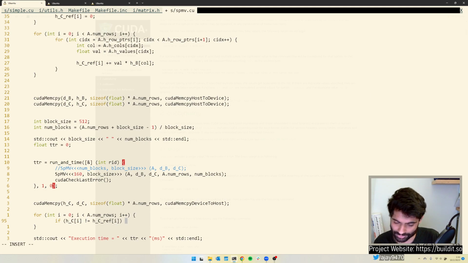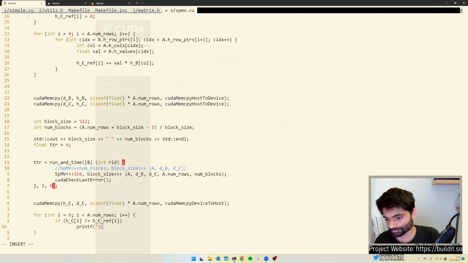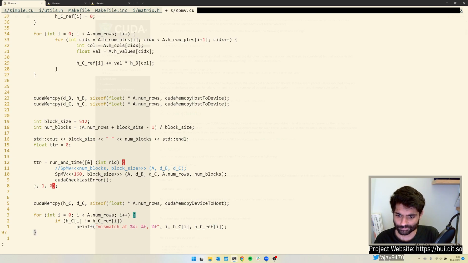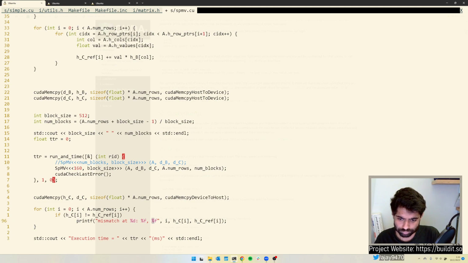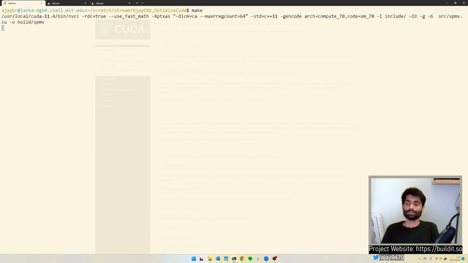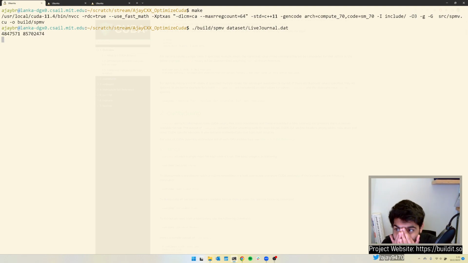Let's see. Oh, I'm smelling some weird floating point integer conversion. It could be that. I'm not able to see what is happening.